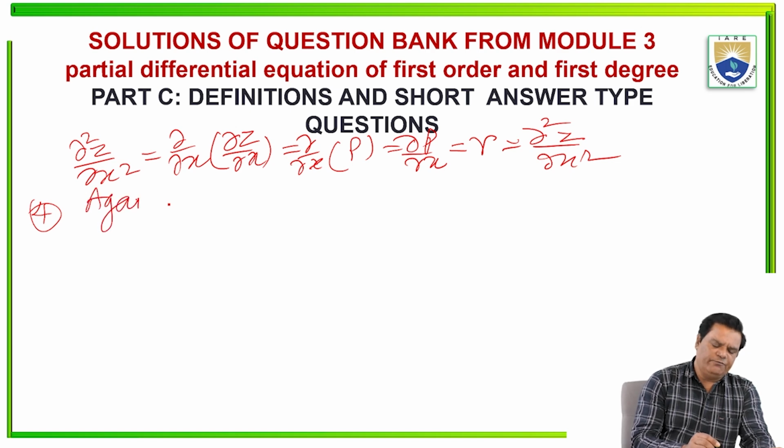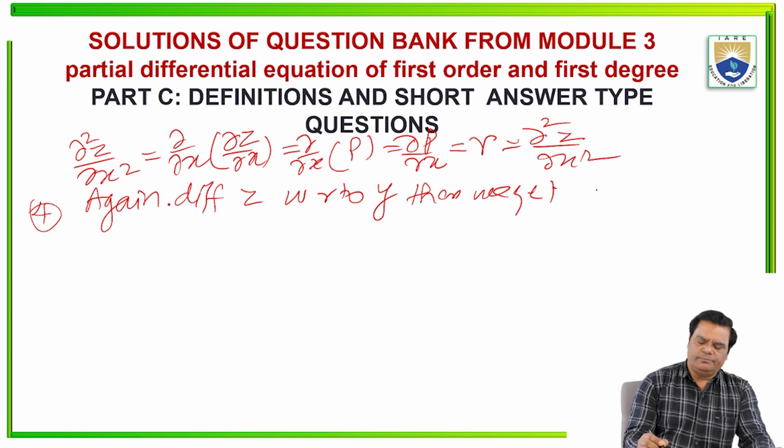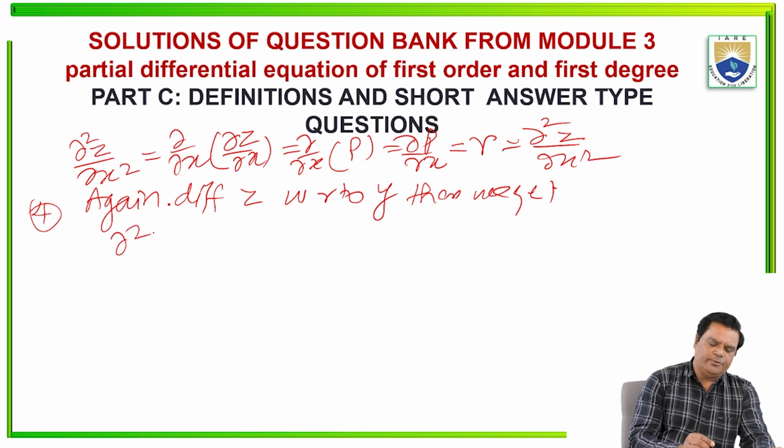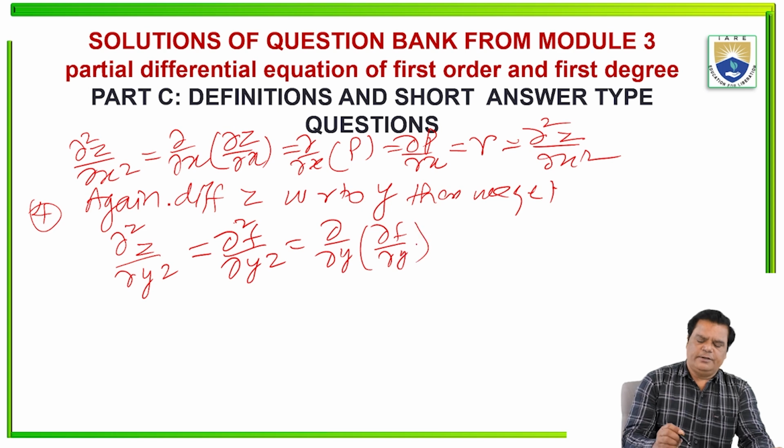Again, differentiating z with respect to y, we get dou 2 z over dou y 2, which equals dou over dou y of dou f over dou y, and this is q.